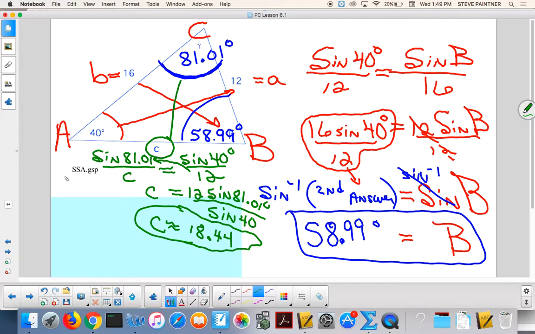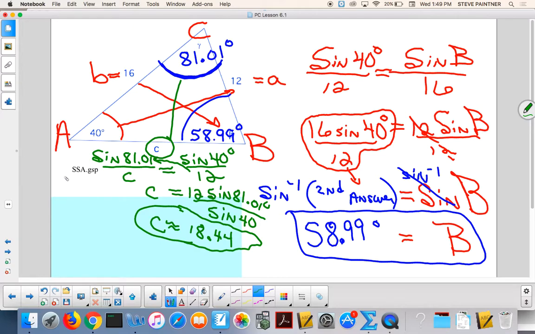Now here's the deal. Your calculator told you that answer because it's programmed to give you answers in quadrant 1. Your calculator will never give you the other answer in quadrant what? 2. Sine is positive in quadrant 1 and quadrant 2. So this triangle, flip it over. It exists over here, right here. And that reference angle, 58.99, is actually that reference angle.